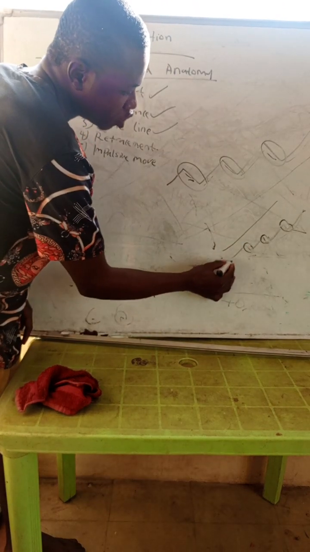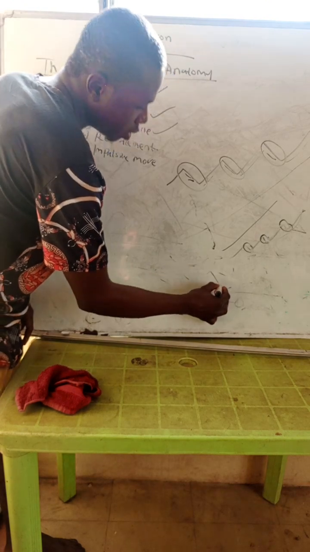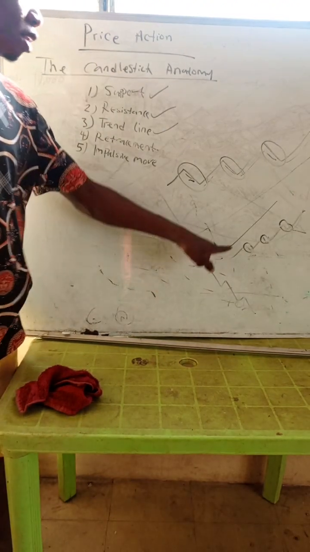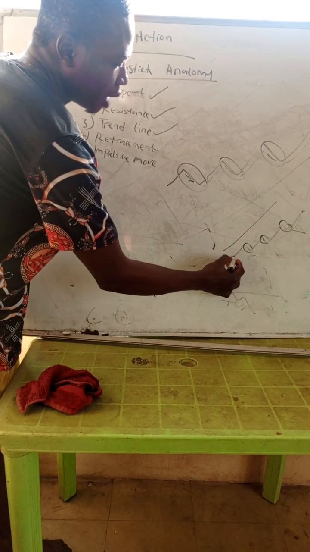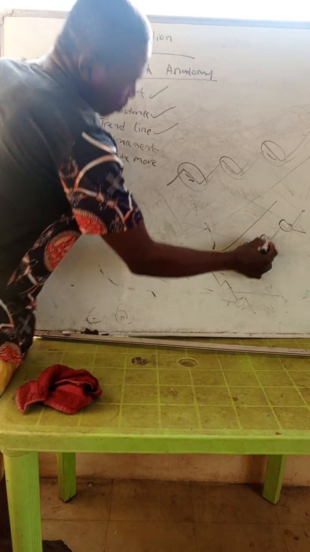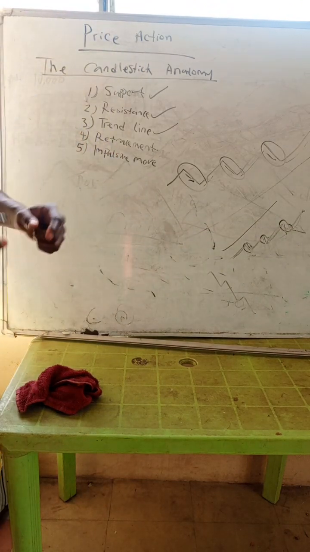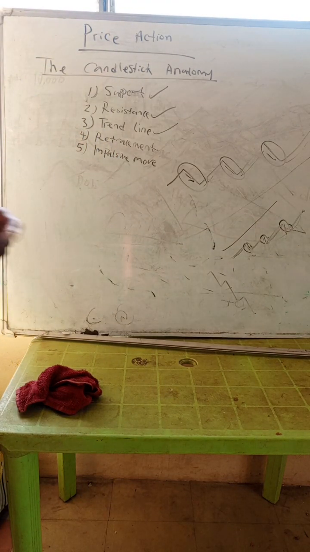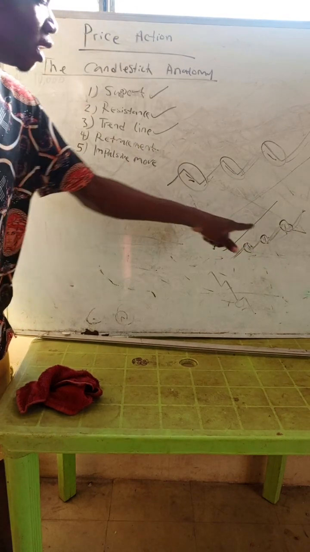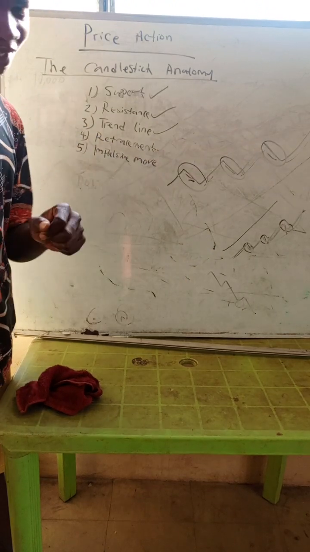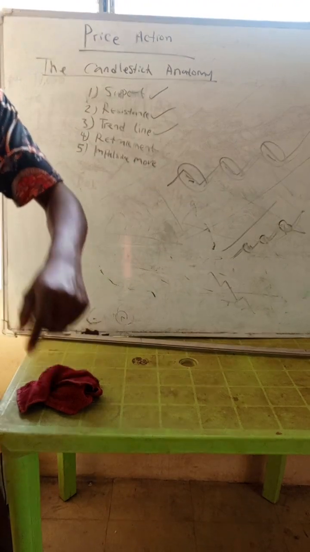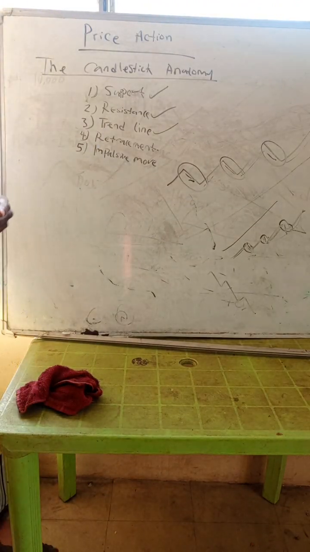When the small is bigger than the big, then it will be going down. When the big is bigger than the small, then it will be going up. I hope you understood that.